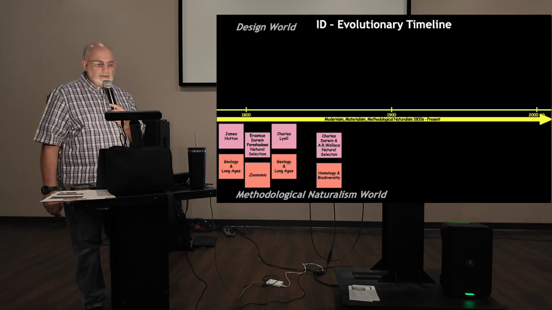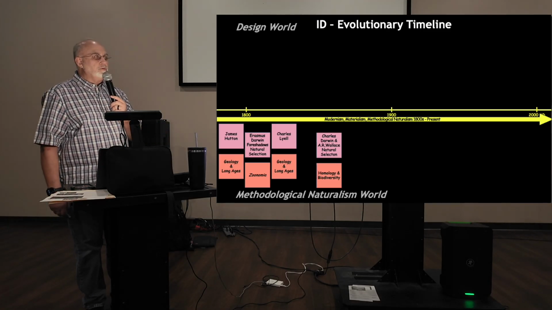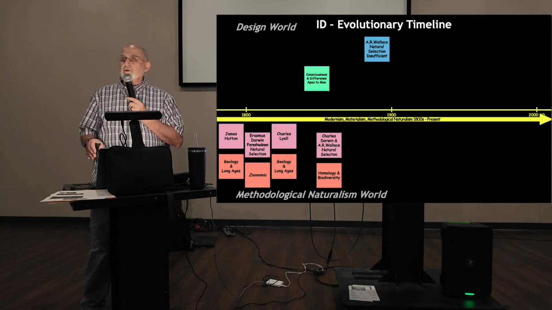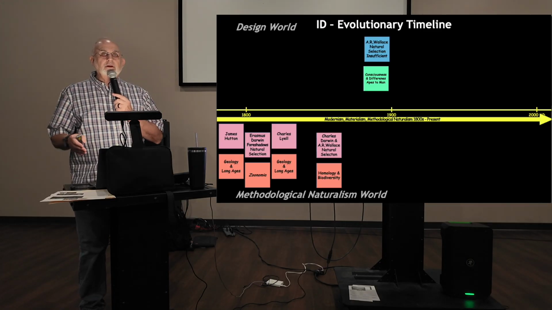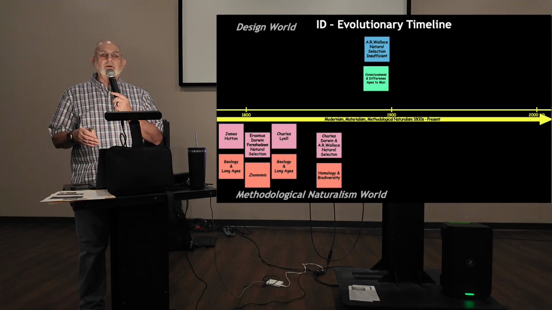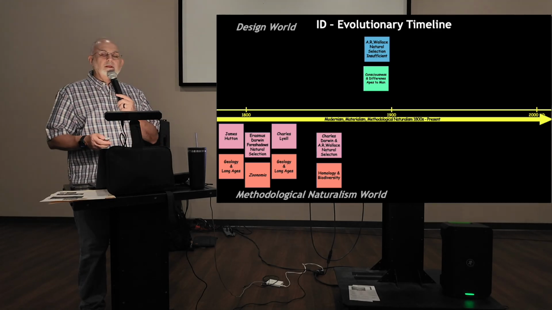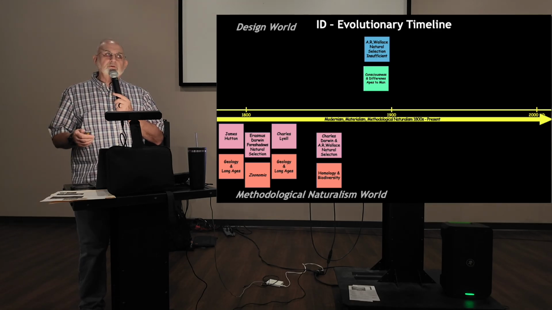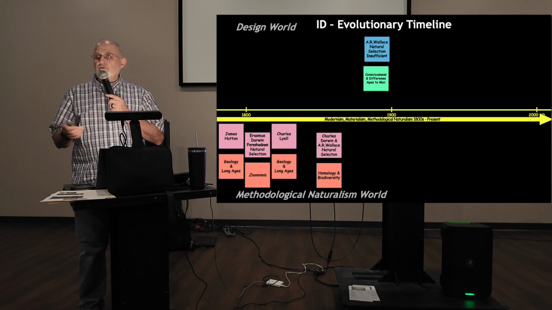But on the other side, we have this guy, Alfred Russel Wallace, who was the co-discoverer of the theory of natural selection. He breaks with Darwin because he says, you and I came up with the idea at the same time of natural selection and random mutation and so on, but I don't think that can explain consciousness and the difference between apes and humans. Those were his two big things.